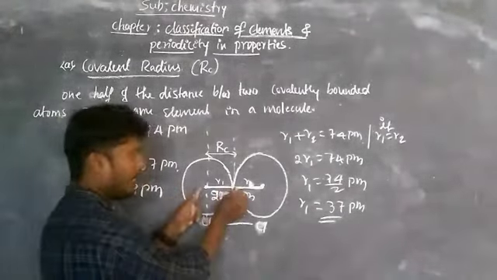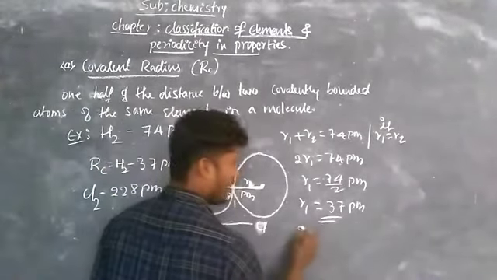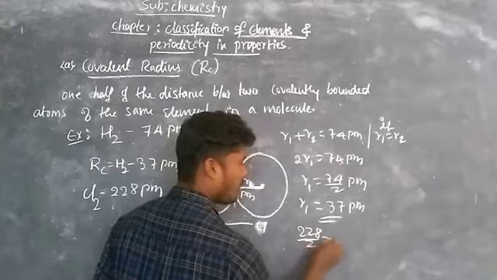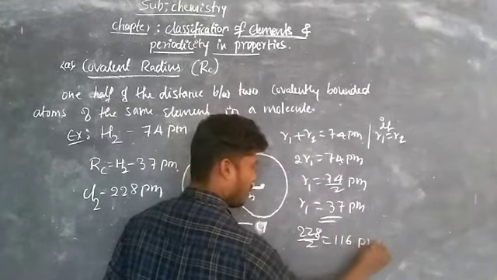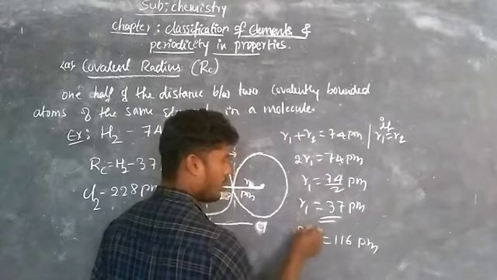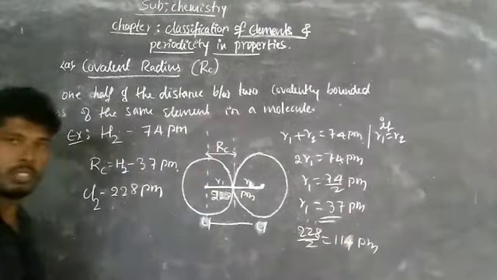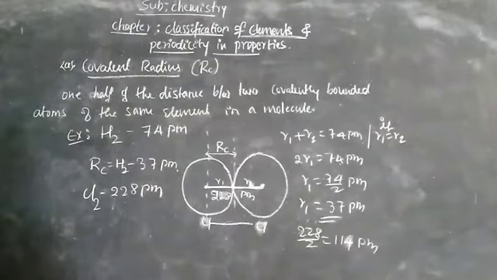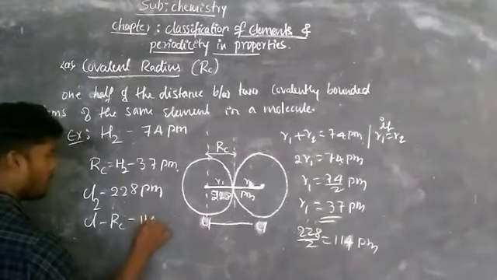Now the covalent radius is nothing but 228 divided by 2. How much do you get? 114 picometer. That is the covalent radius of chlorine.